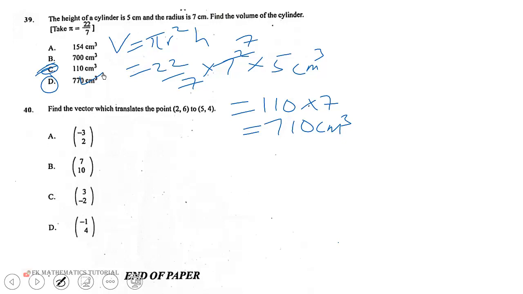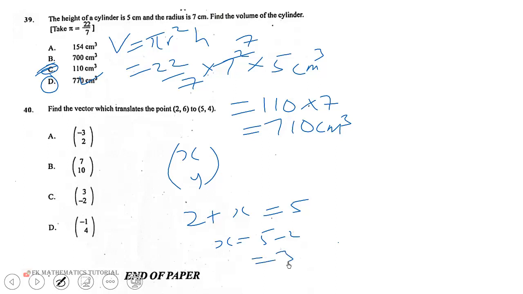Find a vector which translates 2, 6 to 5, 4. So let the vector be x, y. So 2 plus x will translate to 5. So it means x will be equal to 5 minus 2, which is 3.